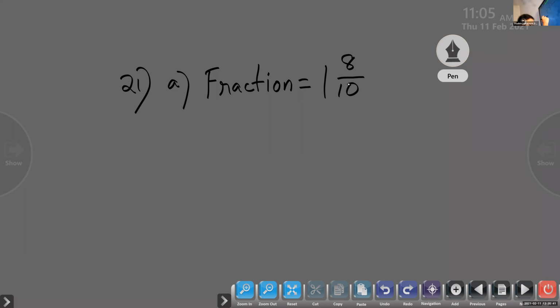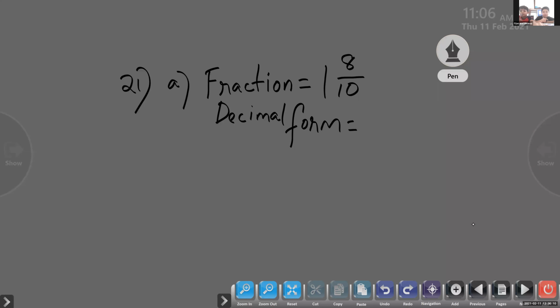So children, you have to write the decimal form for this. Manas, can you tell me what's the answer? Decimal form 1, and we have 8 by 10 also. So how can we write?